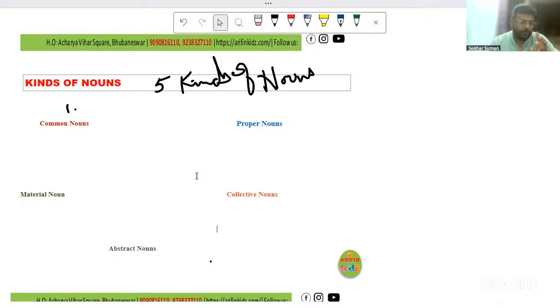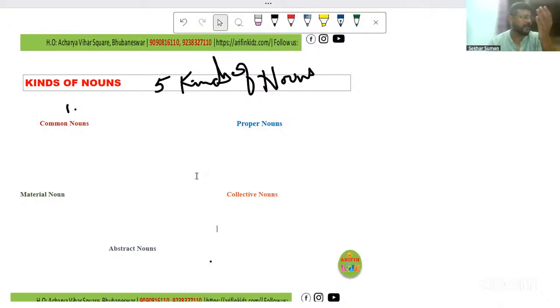So there are so many words in this language. So the grammarians have thought about how to categorize these words. If a word has a particular feature, they have set 8 categories: noun, pronoun, adjective, verb, adverb, preposition, conjunctions, and interjections, right? There are 8 categories, and each category has a particular feature.